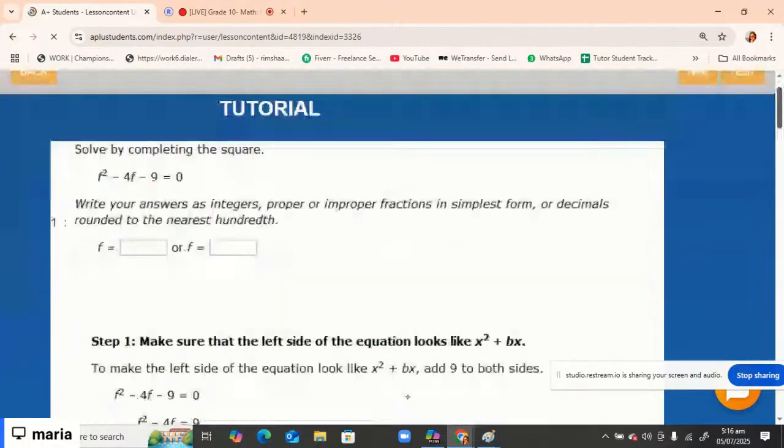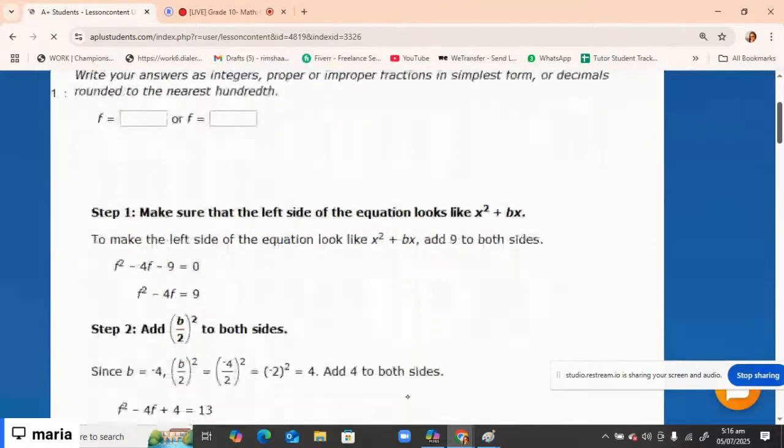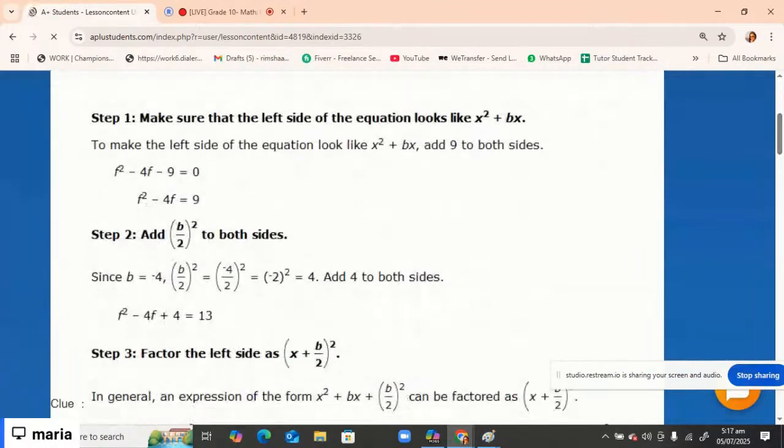For example, f square minus 4f minus 9. First of all, we put that value, the constant term, on the other side, and then we check what b is here. B is basically the term that is not in the form of square. So we are just going to divide b over 2, take the square, and then add it on both sides.